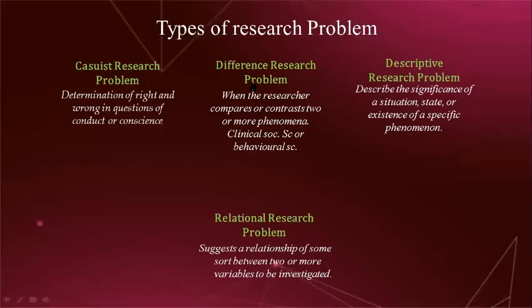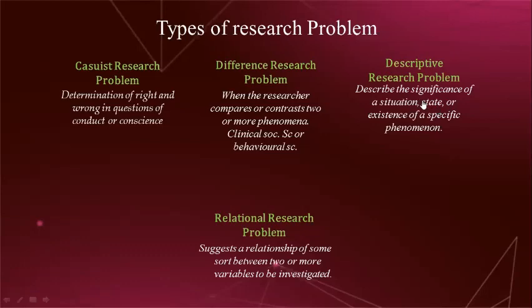This kind of difference research problem is more common in clinical social science or behavioral science. When a researcher is from clinical social science or behavioral science, he tries to adopt this kind of research problem, where he has to compare two or more phenomena to find out the difference between them. Then comes the descriptive research problem.